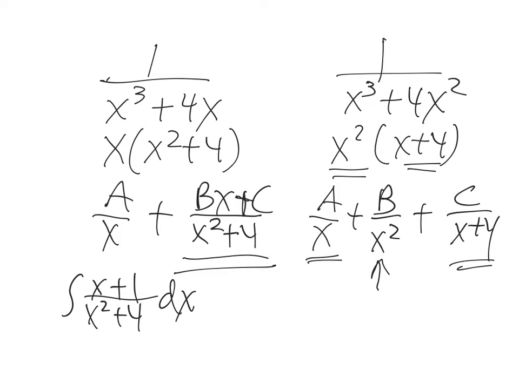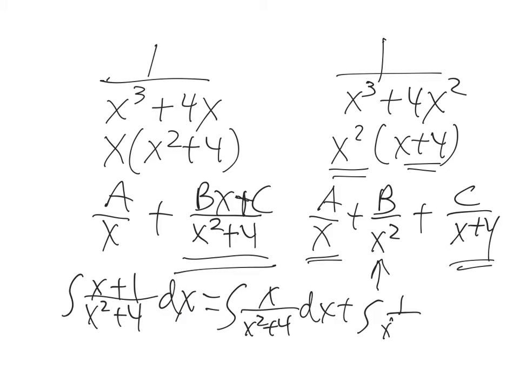Something like that, well, we'd have to separate it into x over x squared plus 4 plus 1 over x squared plus 4. And this one we'd have to do what to? Substitution.